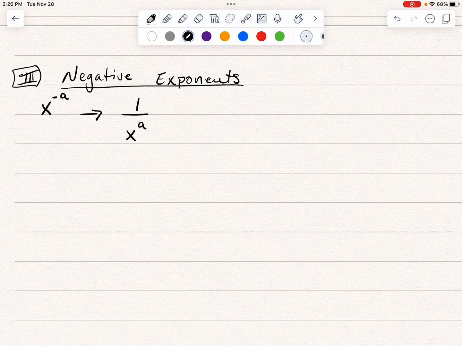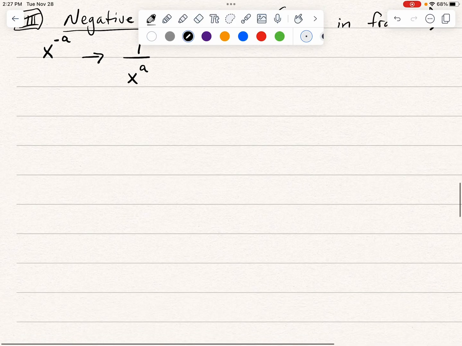So essentially, the negative exponent flips in the fraction. Okay, and the reason why we use that rule and say it that way is because of this pattern.